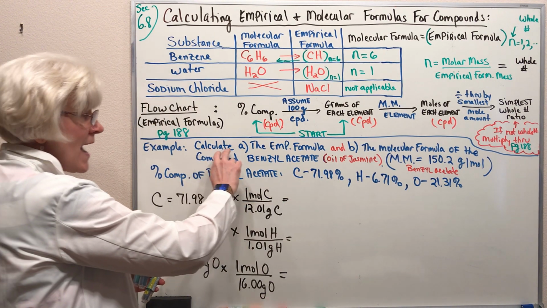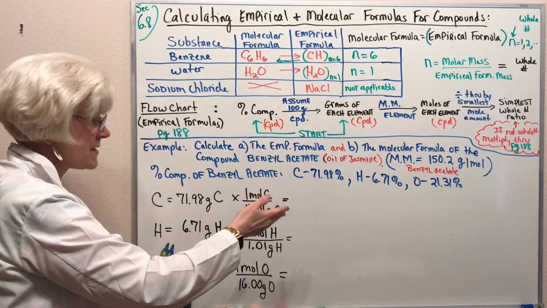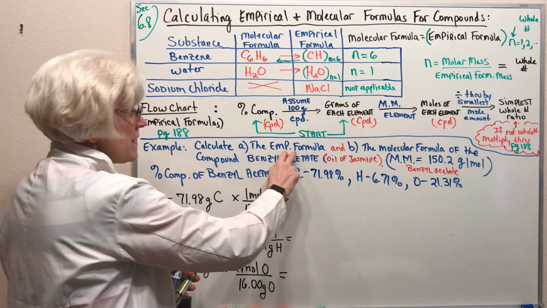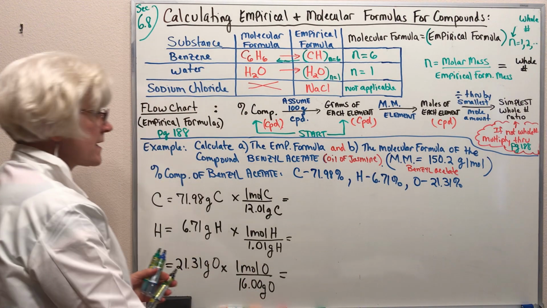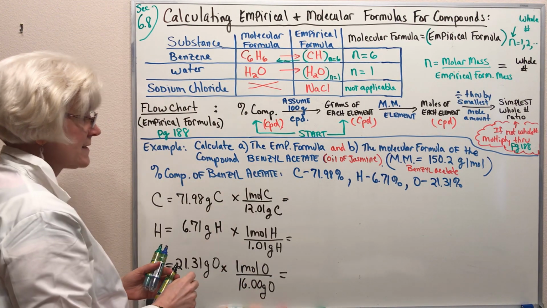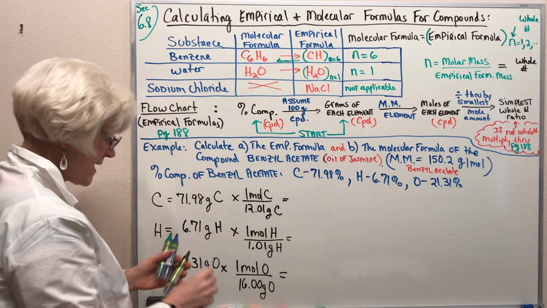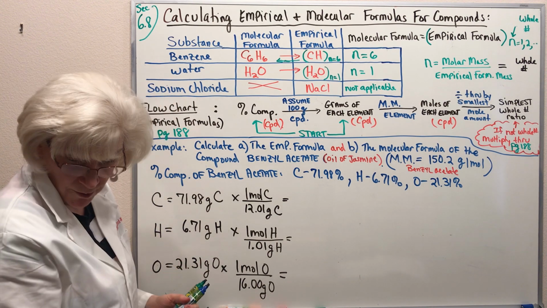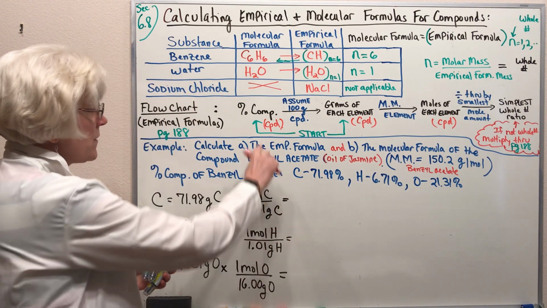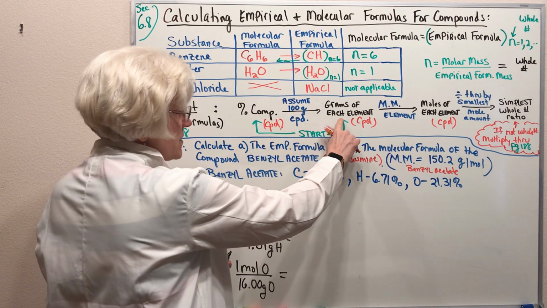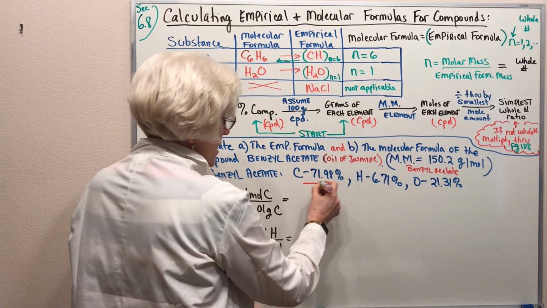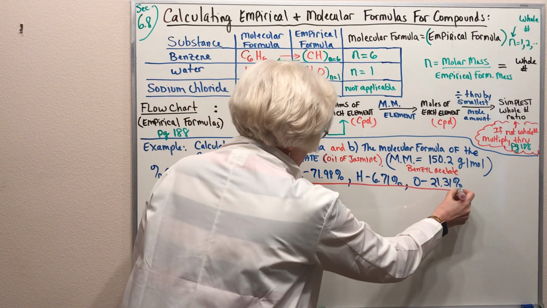You are being asked to calculate, and we're going to do this together as an example, the empirical formula and the molecular formula of benzyl acetate. Notice what I've given you for data to do the problem. In order to do the calculation, you either have to have the percent composition or the mass of each element in the compound.